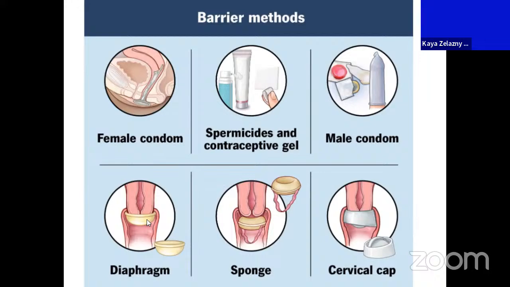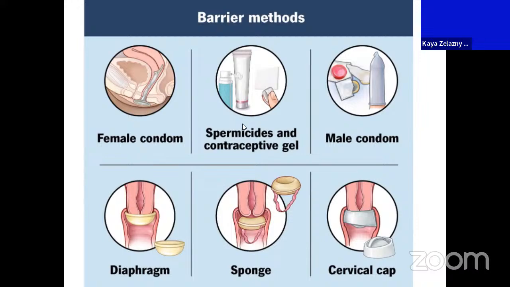We also have methods that go right on the opening to the cervix, right? So if you imagine sperm deposited in the vagina, if you have a block over the cervix, that also slows down or prevents fertilization as they can't get into the cervix and uterus and tube. So a diaphragm covers over that cervix. You can also have a sponge placed in there.